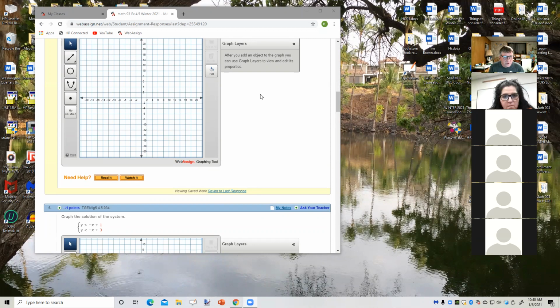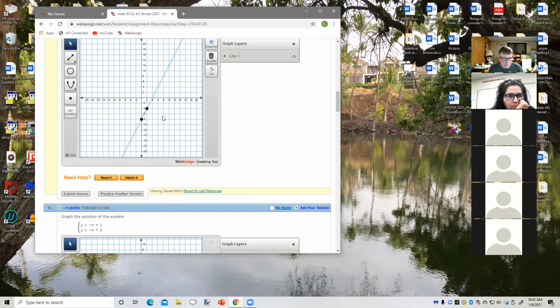I know that the first line had a slope of 2 and a y-intercept of -8. So I'm not going to click on this thing. I'm not plotting points. I'm establishing a line, okay? So I've got to use this right there when it turns blue, okay? So the y-intercept is -8. The slope goes up 2 and over 1, okay?